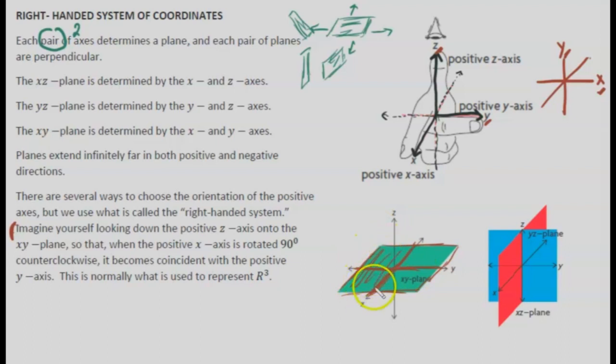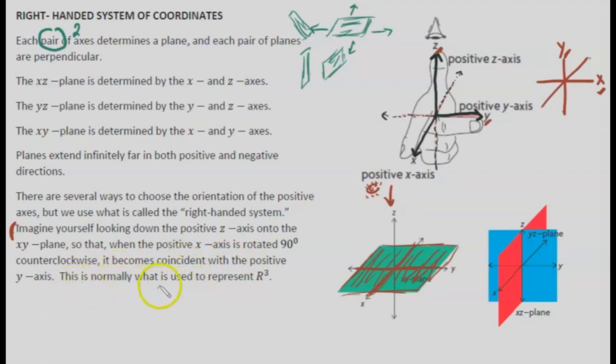If you were to look down this way, so this is your eye, and look down onto the xy plane, when the positive x-axis is rotated 90 degrees counterclockwise, it becomes coincident with the positive y-axis.